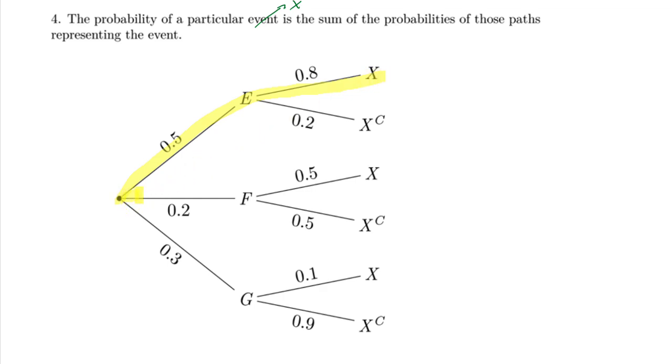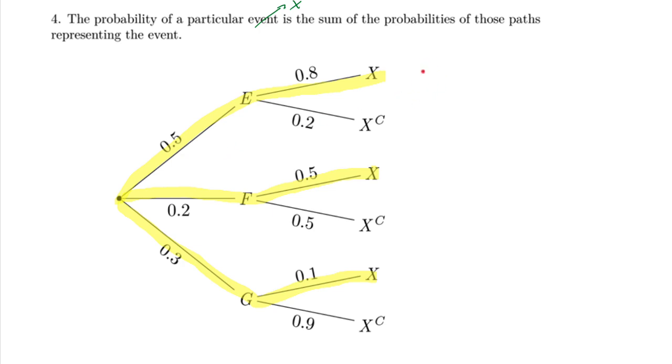We can also have X by having F first. And we can also have X by having G first. Okay, so I'm highlighting the paths that represent the happening of X. Okay? It represents that X has happened.